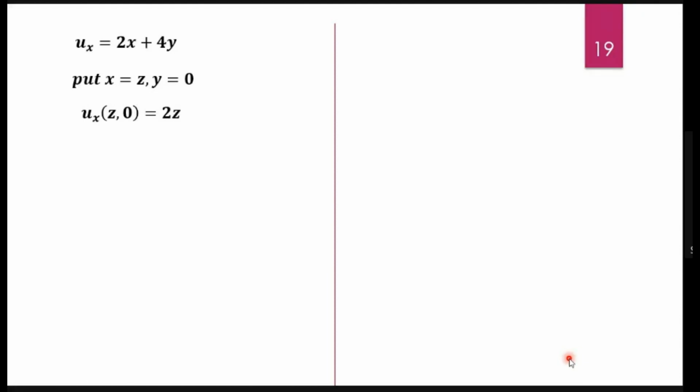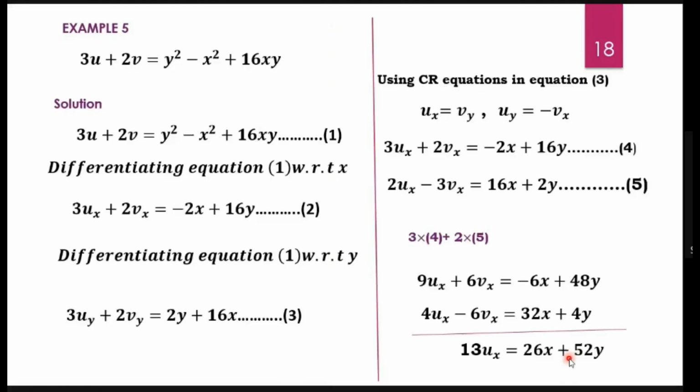Now what do we have to find? vx. So what do we do for vx? From the previous slide, to calculate vx, either you can substitute ux in one of the equations or you can eliminate ux from here.